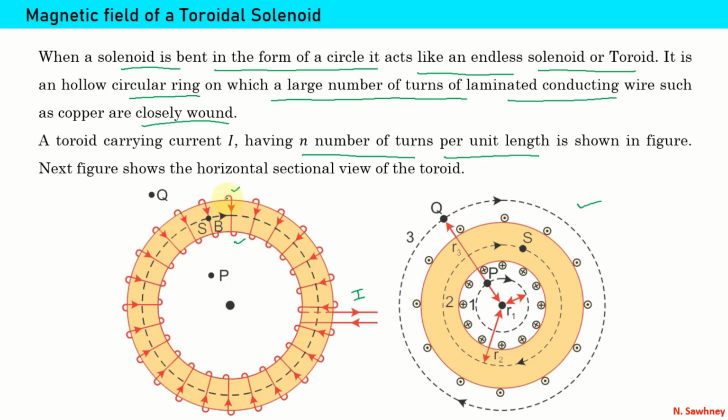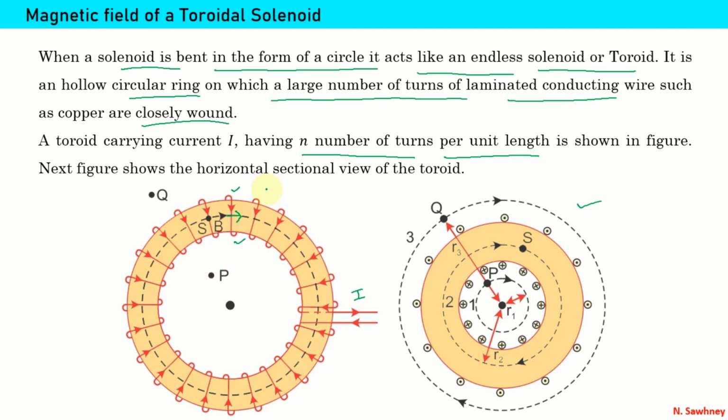So the direction of the current is from top to bottom. And if we grasp this solenoid in our right hand, the encircled fingers will represent the direction of the current, and the direction of the thumb pointing will represent the direction of the magnetic field, as shown here.